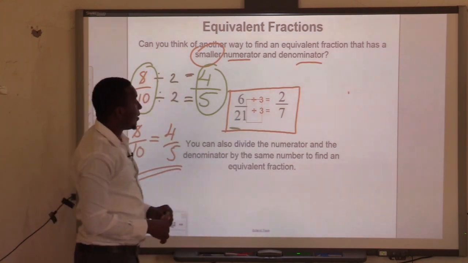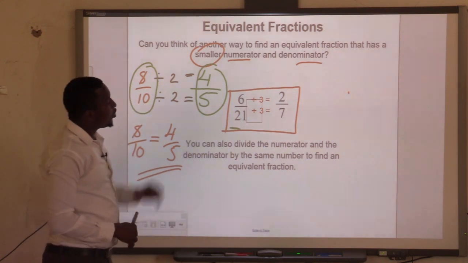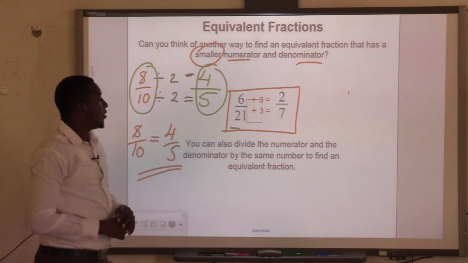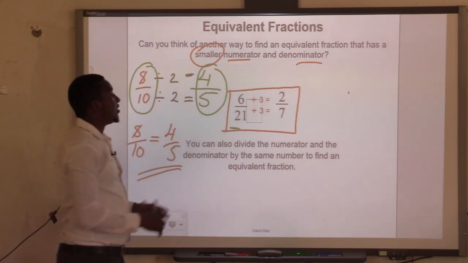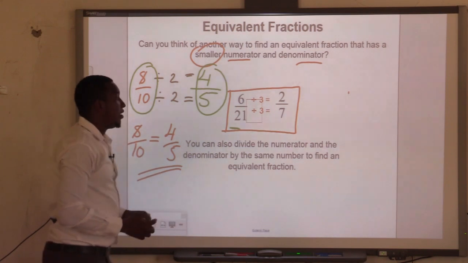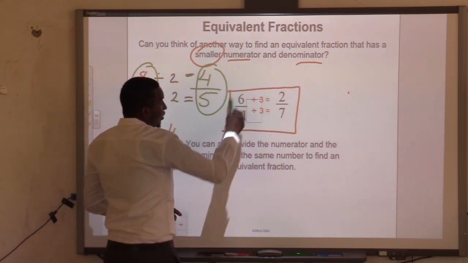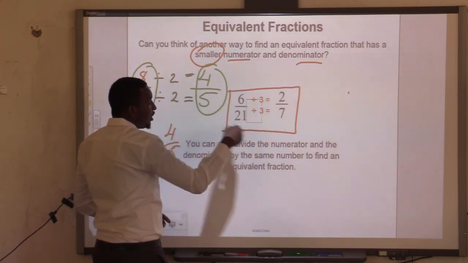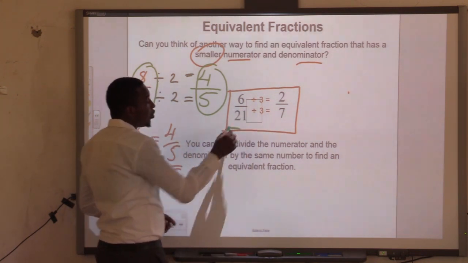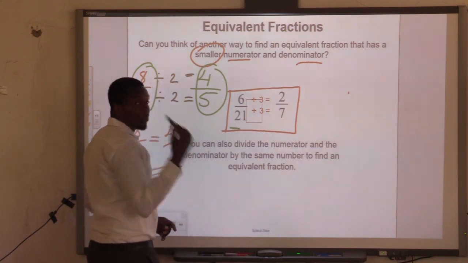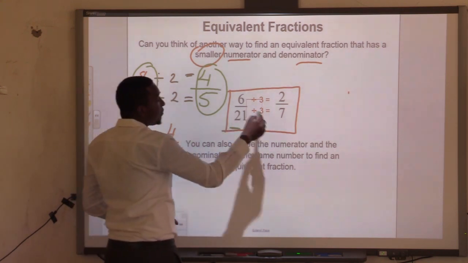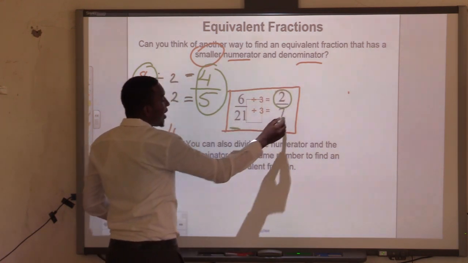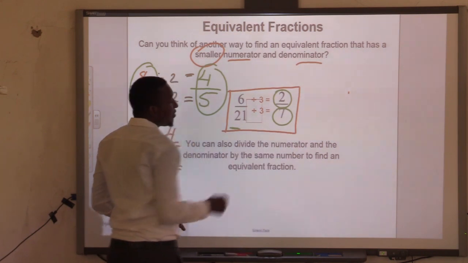So we look for a number that can divide the numerator and the denominator without any remainder. Well, such number is 3. If we divide the numerator by 3, that is 6 divided by 3, and you divide the denominator by 3, that is 21 divided by 3, you are going to have 6 divided by 3 is 2, and 21 divided by 3 is 7.